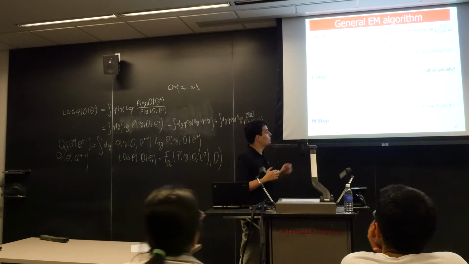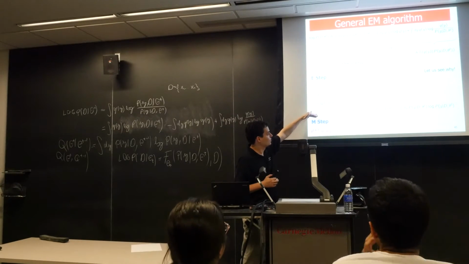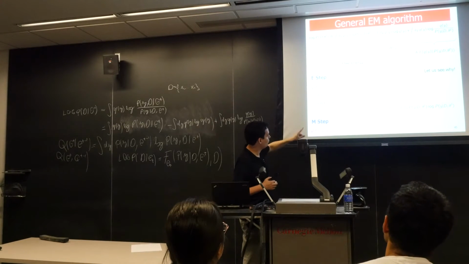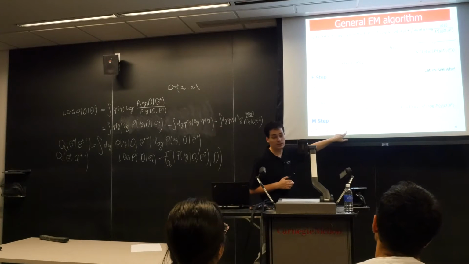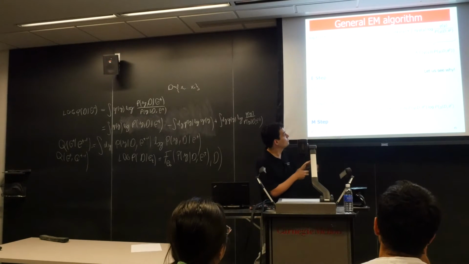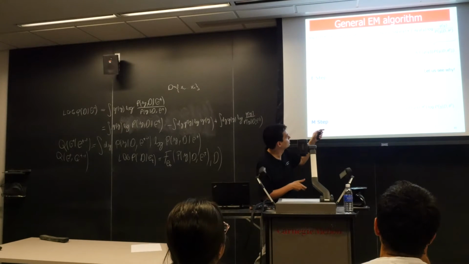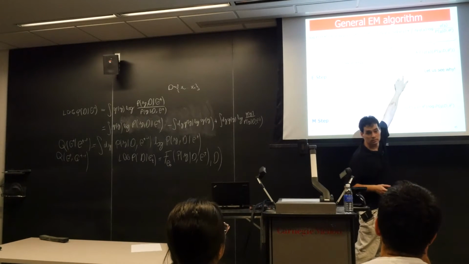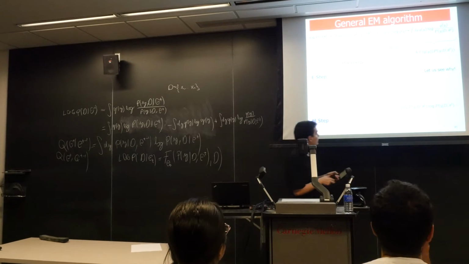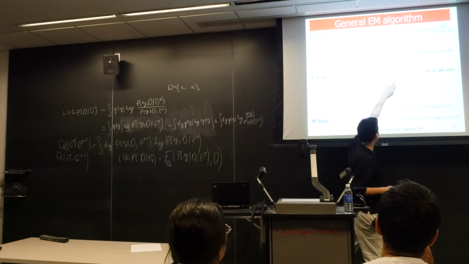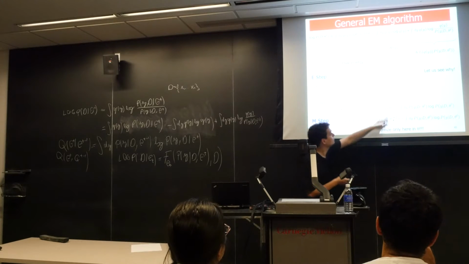Okay, so this is the E step, and in the M step we maximize the Q function in theta. What was the Q function? The Q function is defined here. We maximize this in theta, and the maximizer is denoted theta t plus 1.